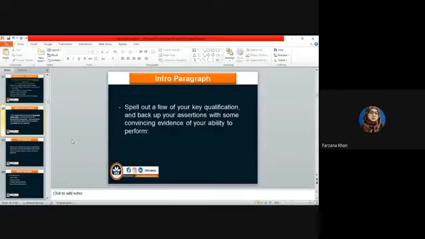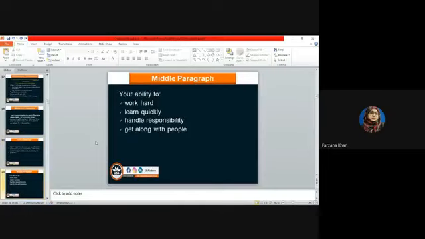So for the intro paragraph, it is very important to spell out a few of your key qualifications. If possible, you can add your key qualifications in the intro paragraph and back up your assertions with some convincing evidence of your ability to perform. After that, you move towards the middle paragraph.